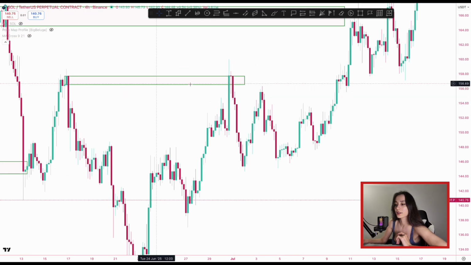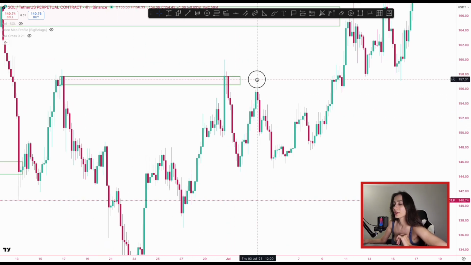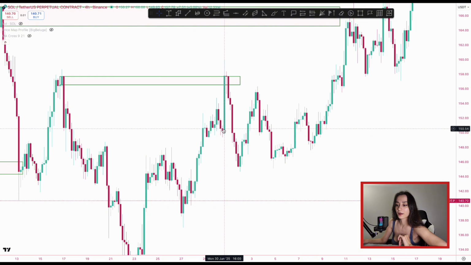Let's say this is your supply area, and let's say you are around here, in this zone. You saw that huge green candle, and you thought it's going to make a strong breakout, and you didn't wait for a pullback.